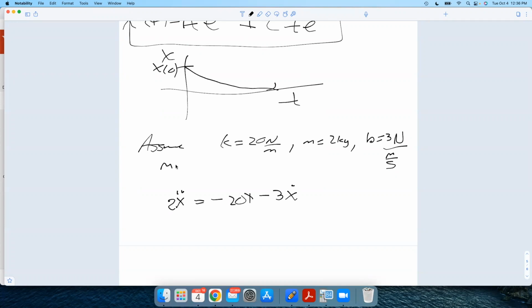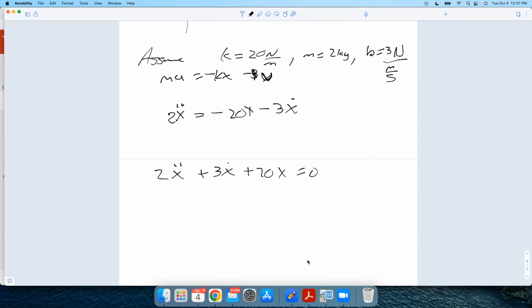This is MA equals negative kx minus beta b. A is the second derivative, B is the first derivative. So we move everybody to one side, 2x double dot plus 3x dot plus 20x equals 0. I get my characteristic polynomial, 2 lambda squared plus 3 lambda plus 20 equals 0.